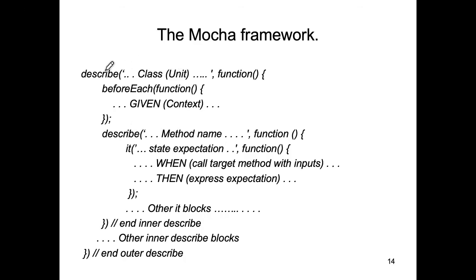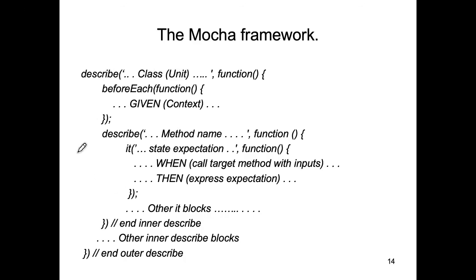The outer describe block is going to have a before each block. And the idea there is that inside there, we would put the actual code relating to the given part of your given, when, then test case. In the describe block for a particular method, we are going to have an it block for each individual test case for that method.